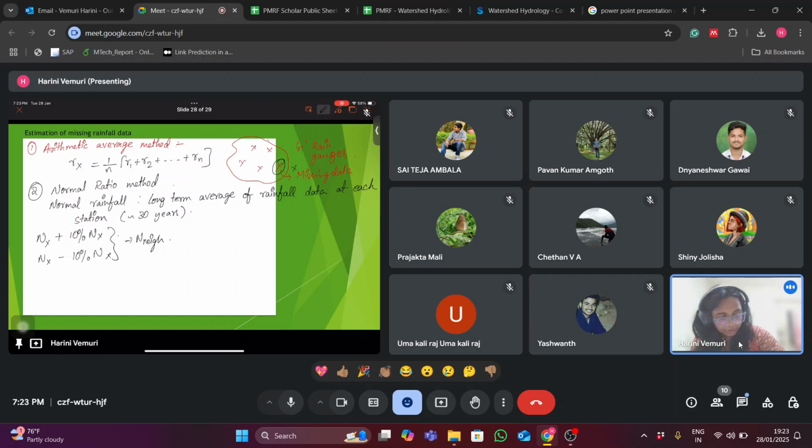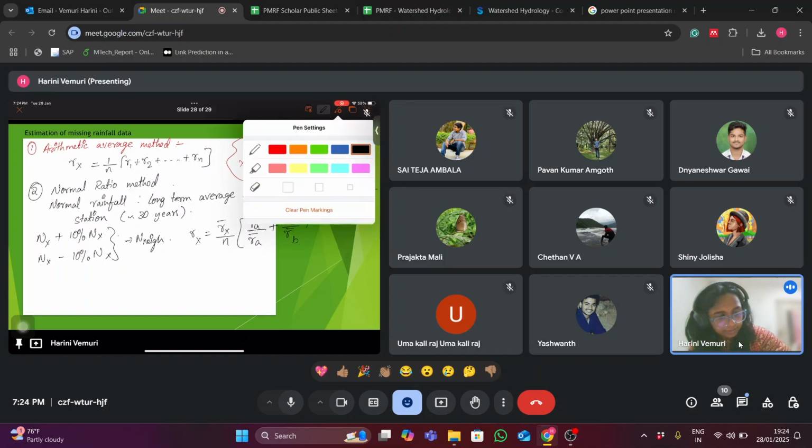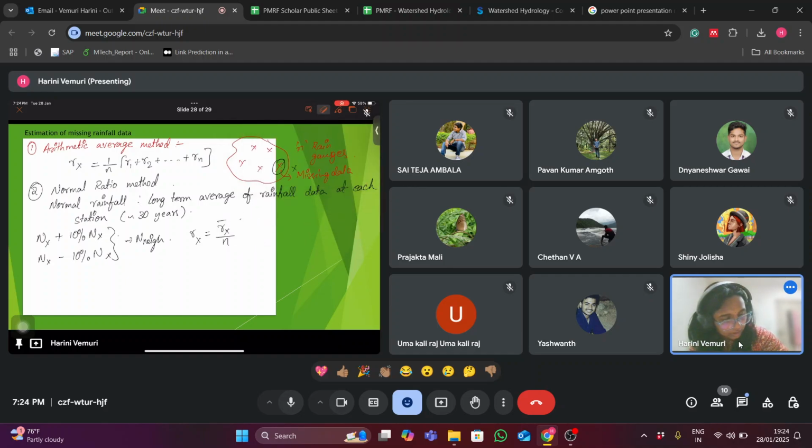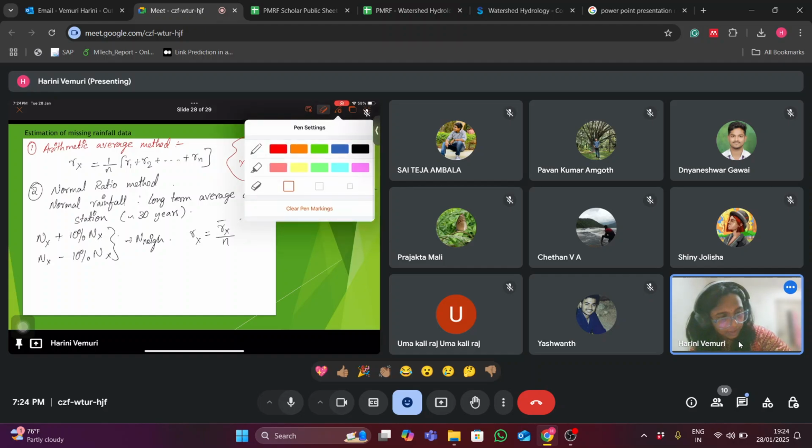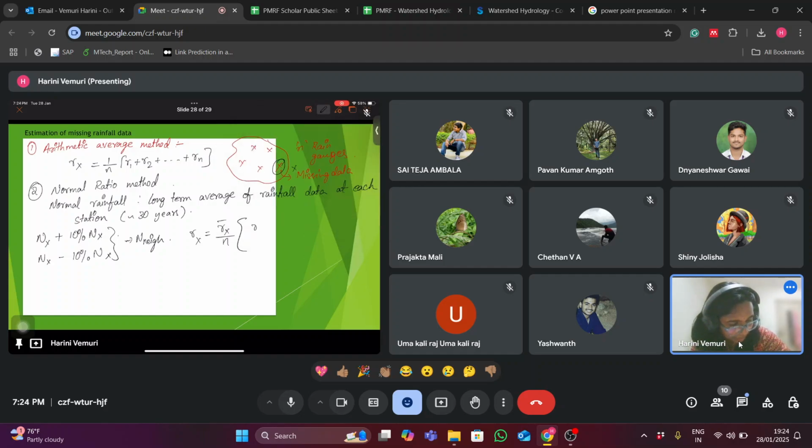Okay. So for that, the equation is Rx equal to, since I have taken station numbers as 1, 2, 3, let me write it like that.